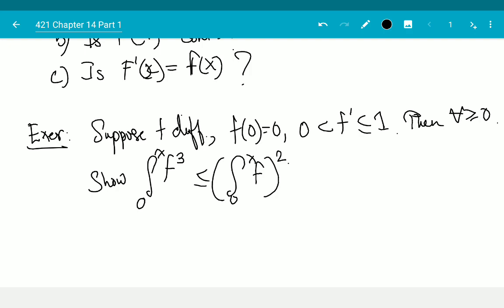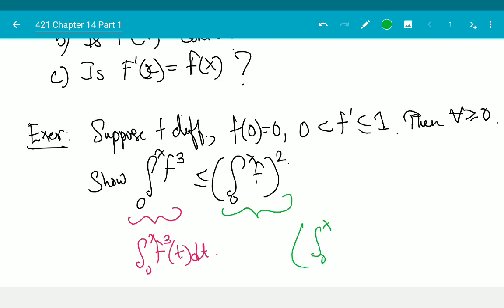first of all, let me just clarify these notations again. This is the integral from 0 to x of f cubed of t dt, and this is the integral from 0 to x of f of t dt, all of that squared.